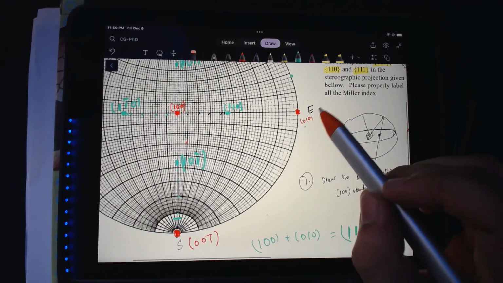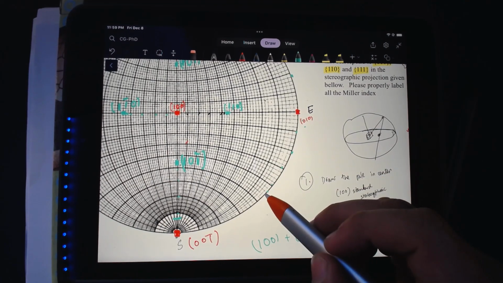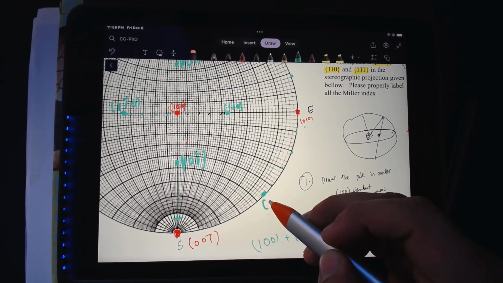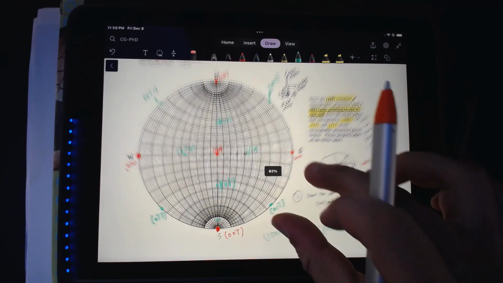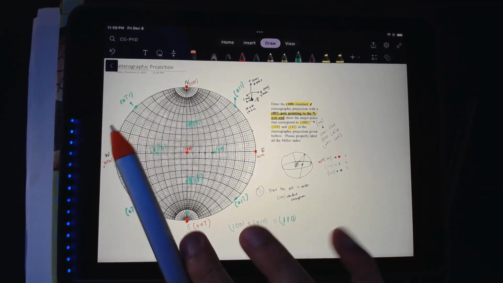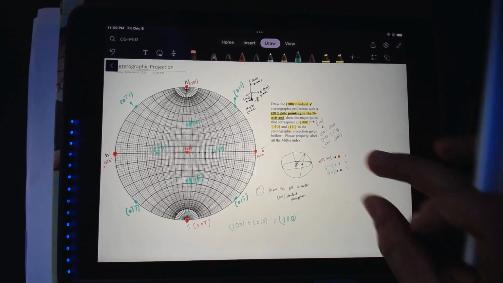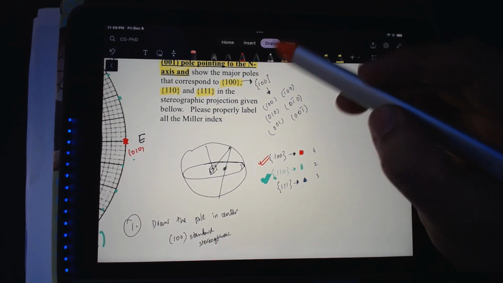And the last one being the east and the south. 10, 20, 30, 40, 42, 44, 45. And then this sum of east and south becomes 0, 1, bar 1. So with that, we filled up 8 different poles that correspond to the 1, 1, 0 family. So now we are done with this family as well.